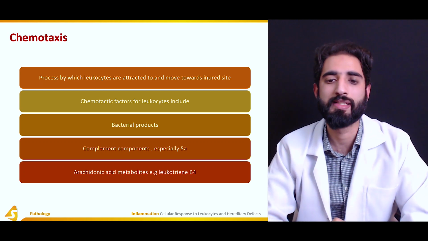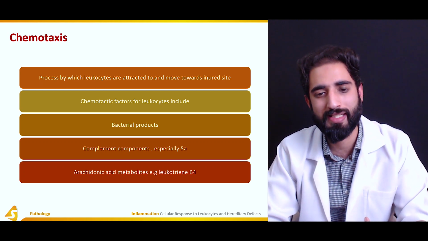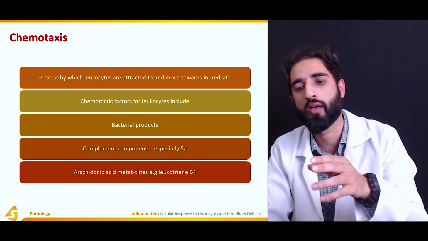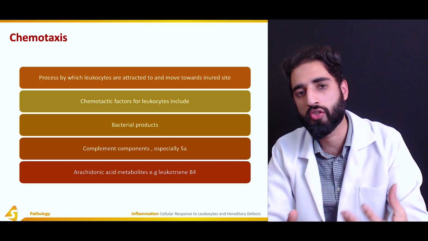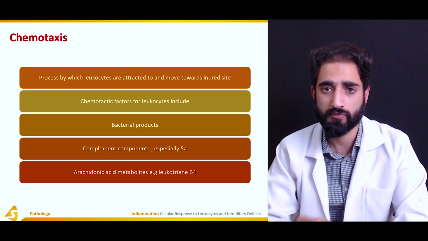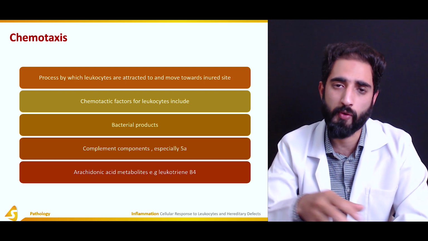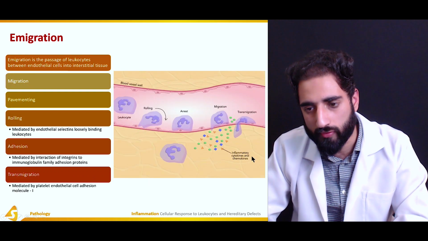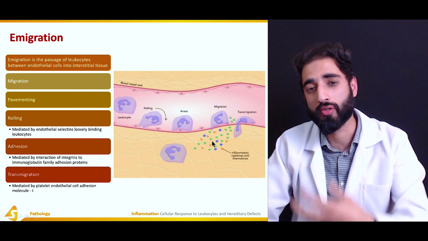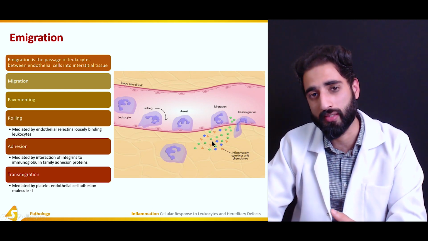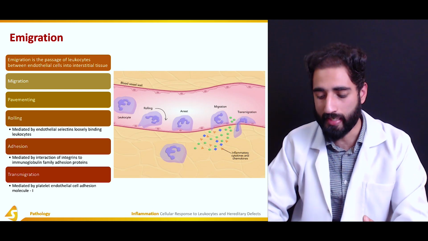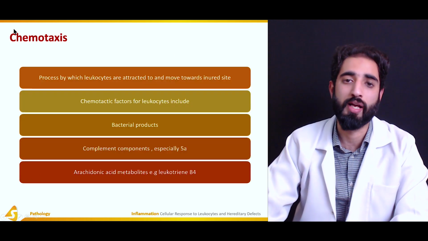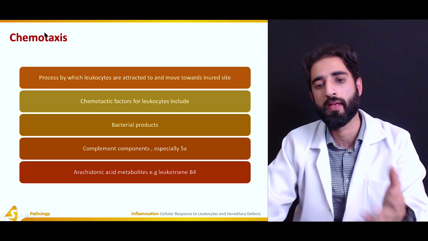Now, second is chemotaxis. Chemotaxis is the process by which leukocytes are attracted to the injured site so that they can go there and perform their function, as you can see here. Different types of cytokines and chemokines were attracting those WBCs or leukocytes. That's how they came to know where to go. So this process is known as chemotaxis.